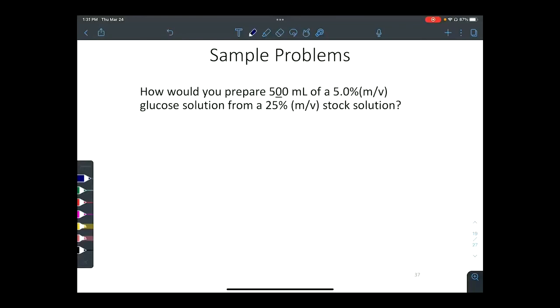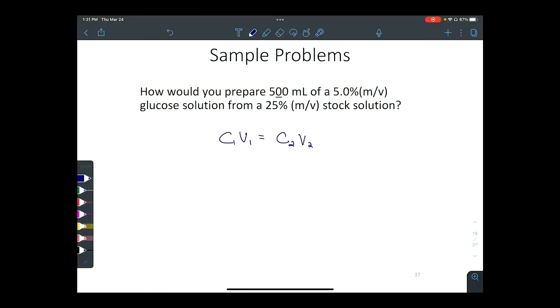So how I approach these questions is I go through and read them. It's a lot of reading comprehension. We read through them and think, okay, what is C1, what is C2, what is V1, what is V2? So if we read through this question, it says, how would you prepare 500 milliliters of a 5% glucose solution from a 25% stock solution?